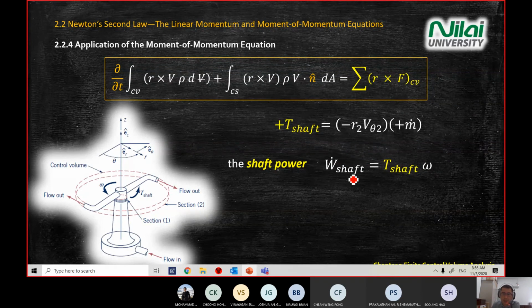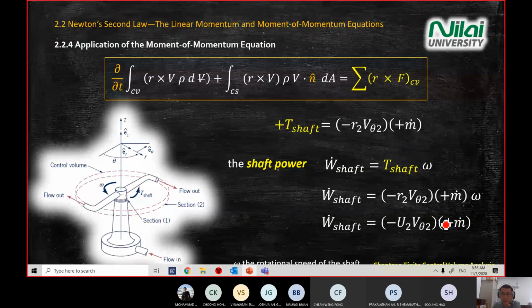W dot is power again, the change of work with respect to time, equal to our torque or moment times our angular velocity. So replace what you learned just now on the top here.